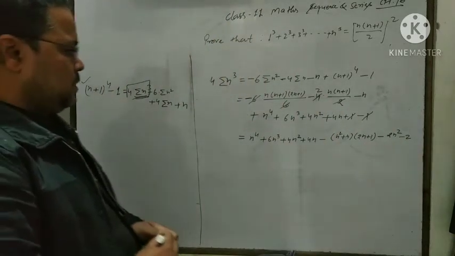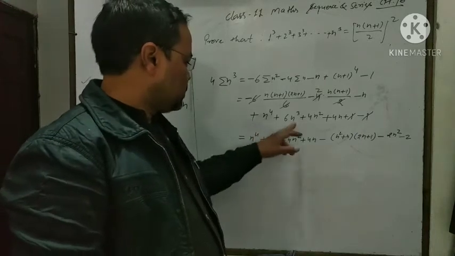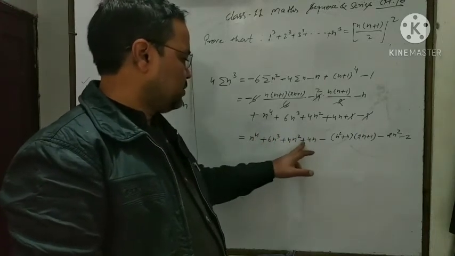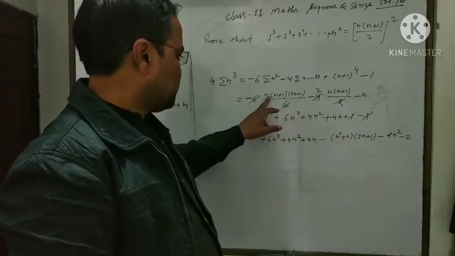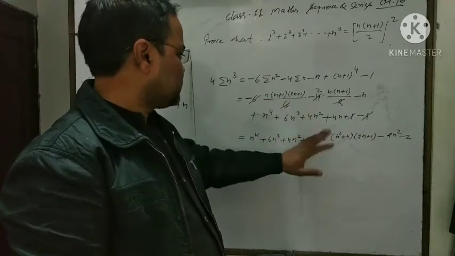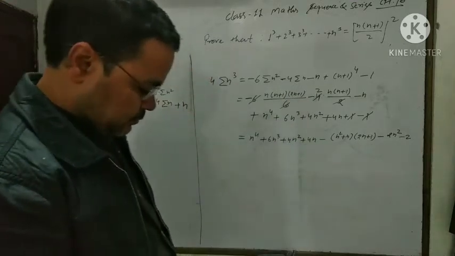Okay. Anything left? n raised to the power 4, 6n cube plus 4n square plus 4n. This and this will cancel. Then we are writing this n into n square plus n, and the minus sign as it is, and 2n plus 1, 2n square minus 2.